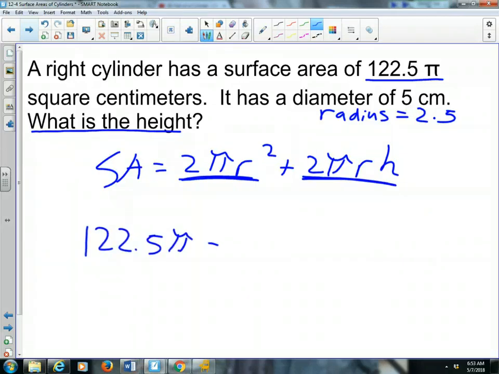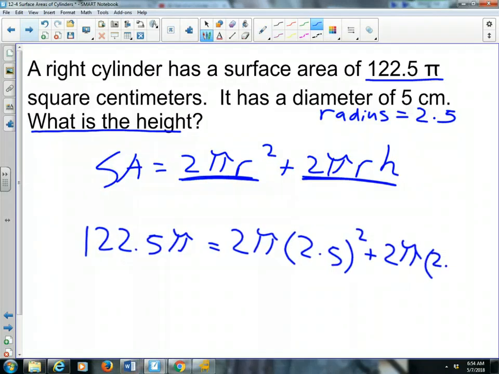The surface area we have of 122.5 pi equals 2 pi, we have the radius, the radius is 2.5 squared, plus 2 pi, we have the radius of 2.5, we want to find the height. One thing that's kind of nice, class, there's 3 different terms in this formula.